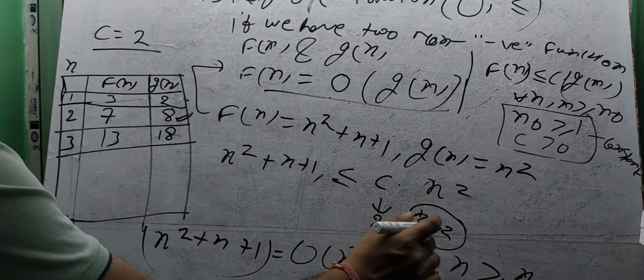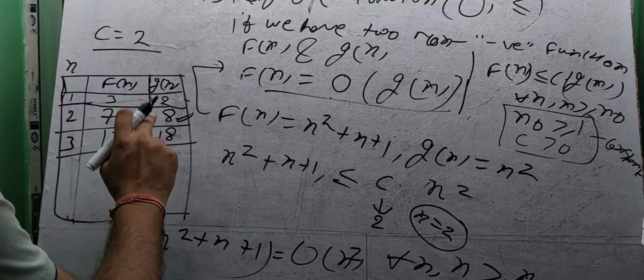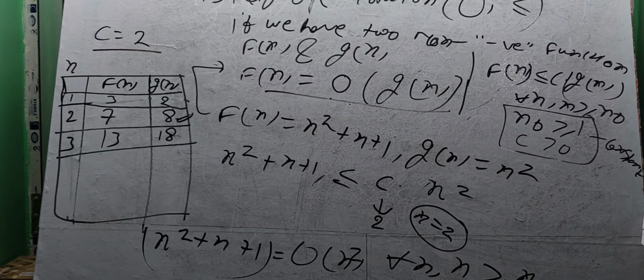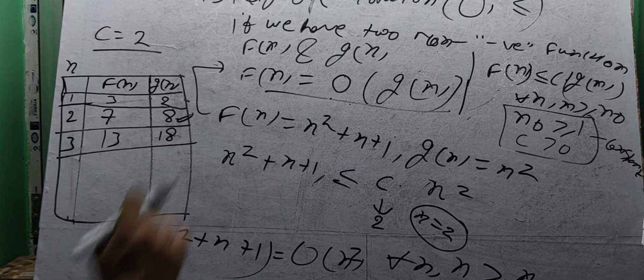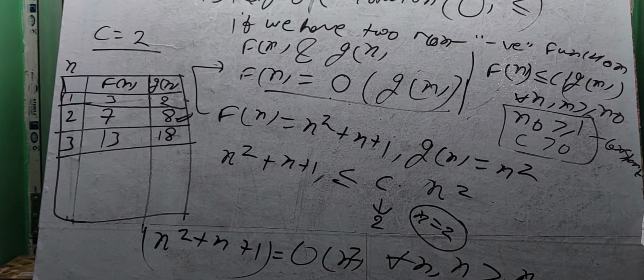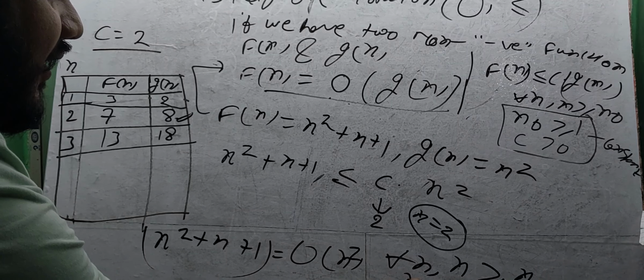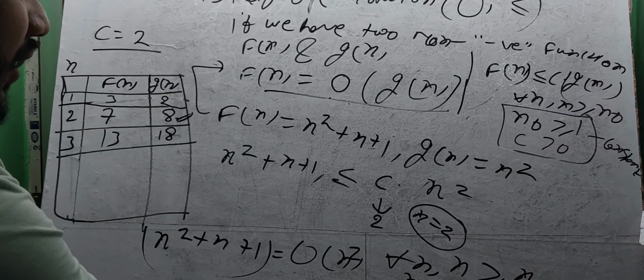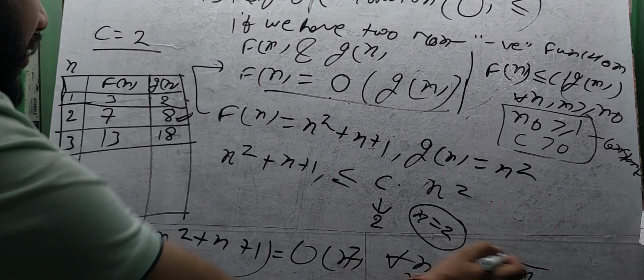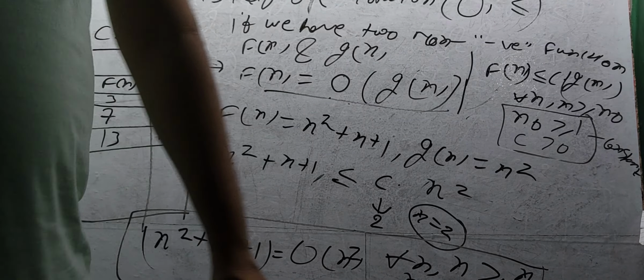For n equal to 2 we make g of n greater than or equal to f of n by using a constant c. So here n naught will be 2 and c equal to 2. Okay. Now we will take another example.